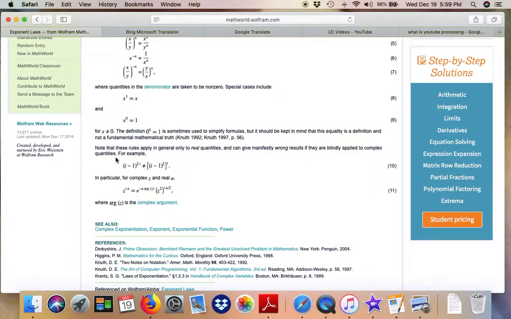Por ejemplo, for example, parentheses here, that makes a big difference. (i minus 1)^2i does not equal, these are called brackets, parentheses, (i minus 1)^2 to the i. So what they're saying is that this 2 and i are paired, and you can't break them up like that.